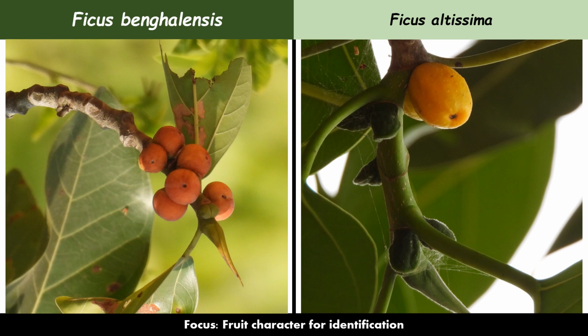In Ficus bengalensis, you can see a circular, round fruit, but here it is not. In Ficus altissima, the immature fruits are deep green, as you can observe in the photograph, but the leaves are very close to each other, very similar.